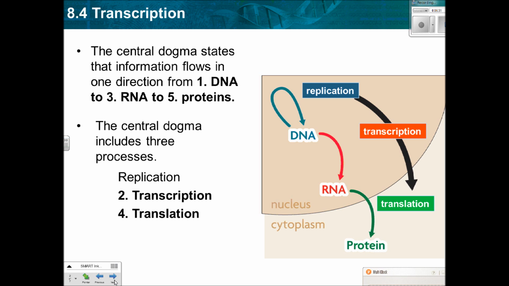Does anybody remember the name of the little organelle that makes proteins? These little dots. Ribosomes. So now the messenger RNA is going to head to the ribosome where the next process can occur, which is translation. The ribosomes need the instructions. They need the code. So RNA is the link between DNA and proteins.